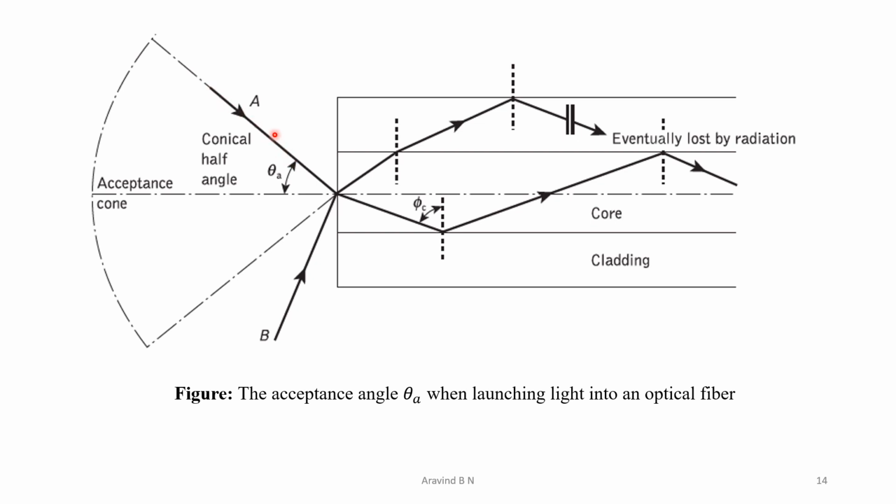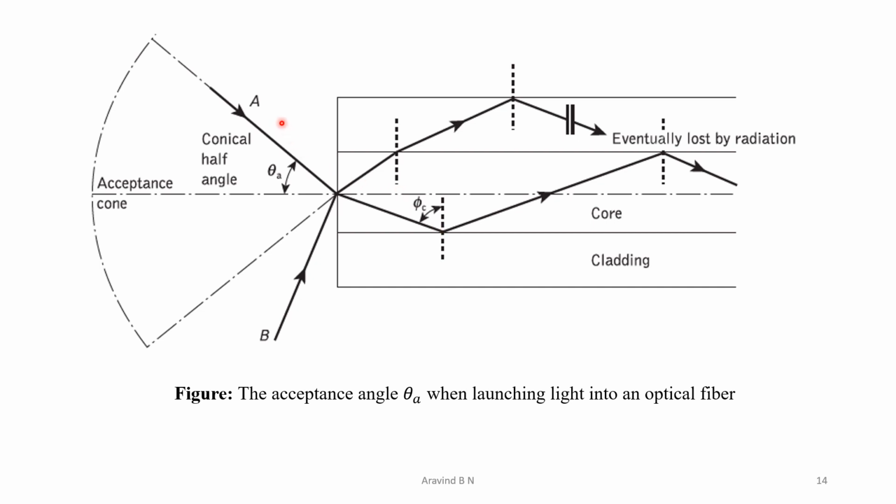That particular angle is known as the acceptance angle theta A. So acceptance angle theta A is the highest angle of incidence from air medium to the optical fiber medium, within which, when the light enters inside the optical fiber, total internal reflection can happen.